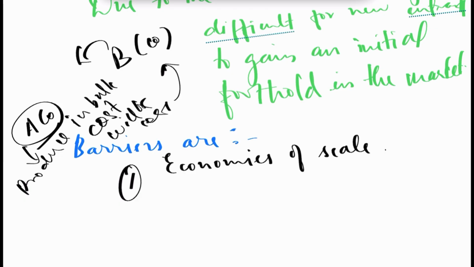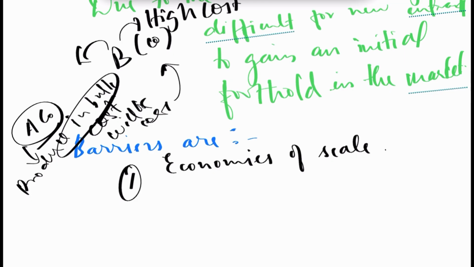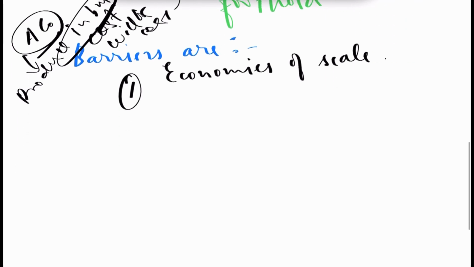So B company will be having high cost. But A company will have only less cost because they are producing in bulk. So economies of scale is a barrier to enter into the market.